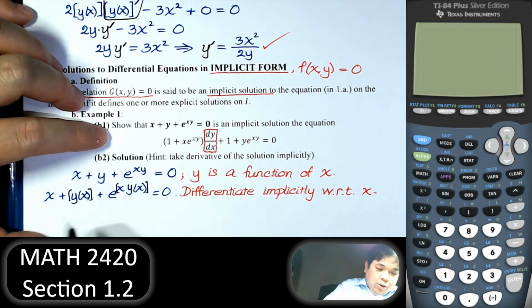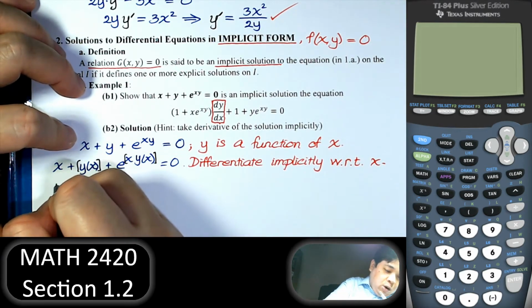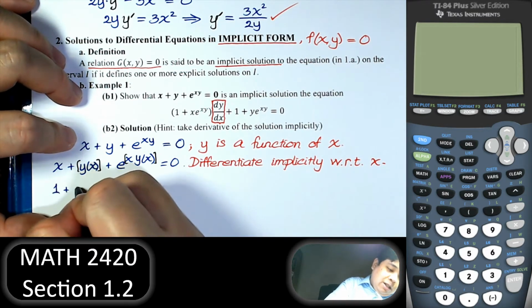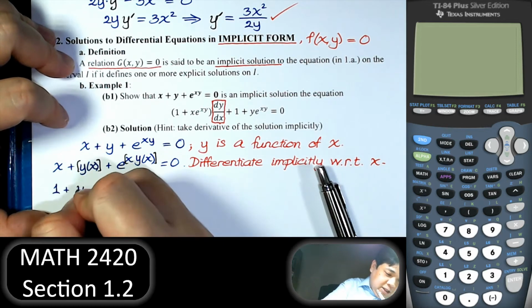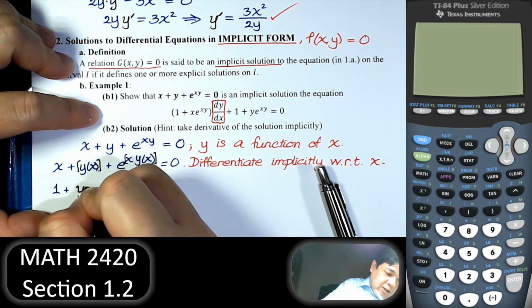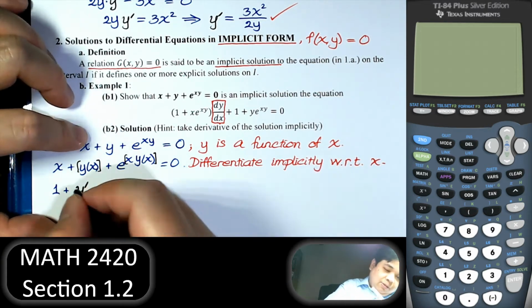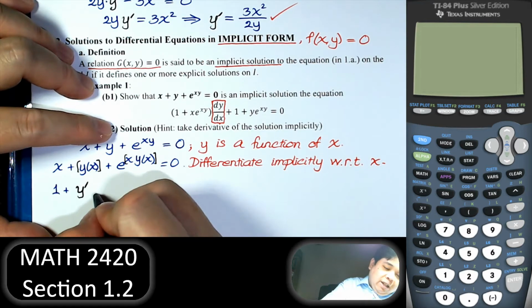Now take the derivative with respect to x. The derivative of x with respect to x is 1. The derivative of y with respect to x, that's easy, I'm going to write y prime of x, or just y prime. Take the derivative of everything.